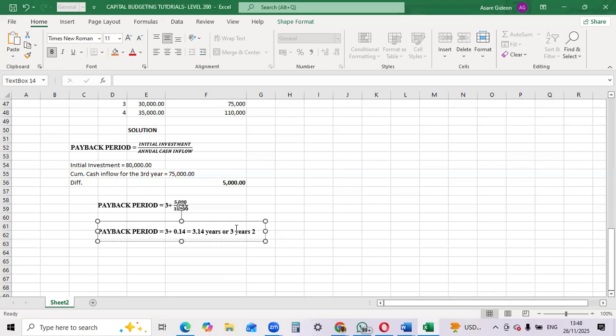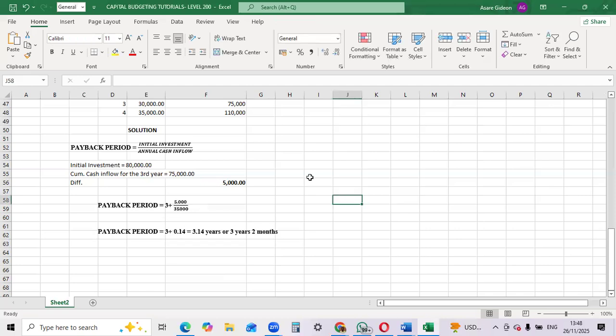So 3 years, 2 months. So it's going to take us 3 years, 2 months to recoup or pay back the 80,000 Ghana cedis.